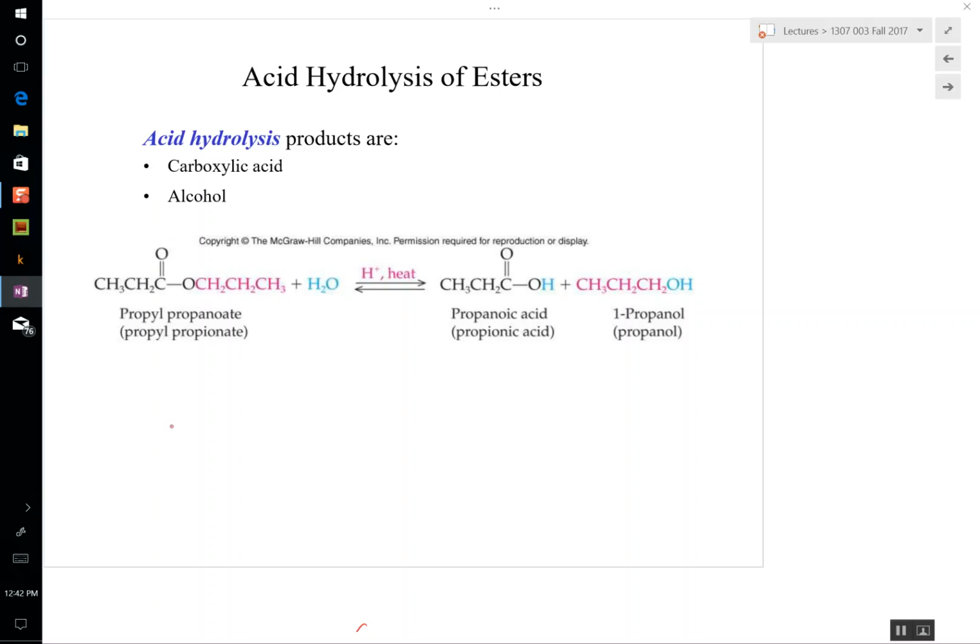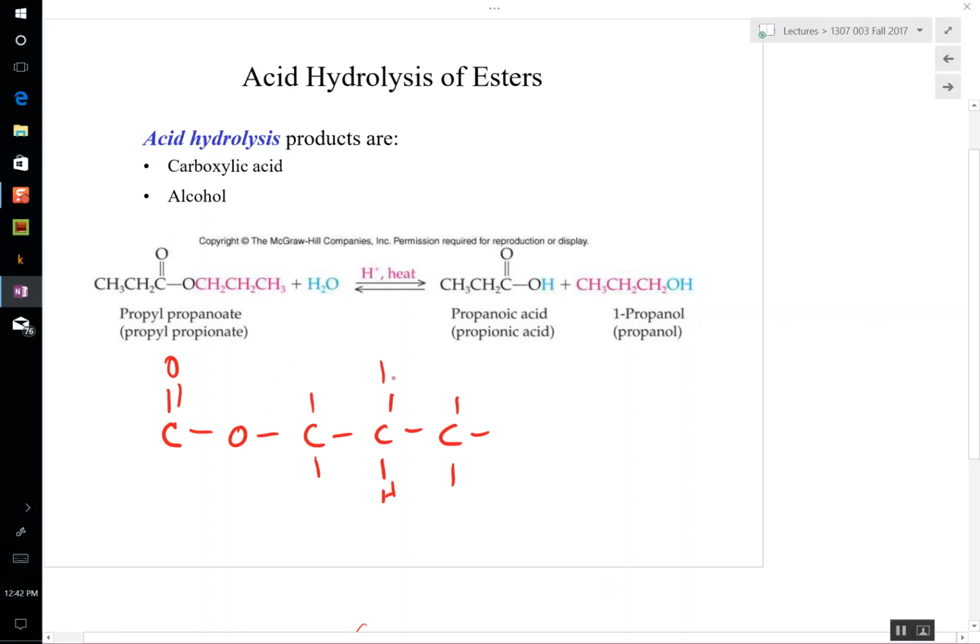So right where it is attached is where the OH is going to come in. You've already got hydrogens here, so you're not going to get an OH here to make an isopropyl alcohol.